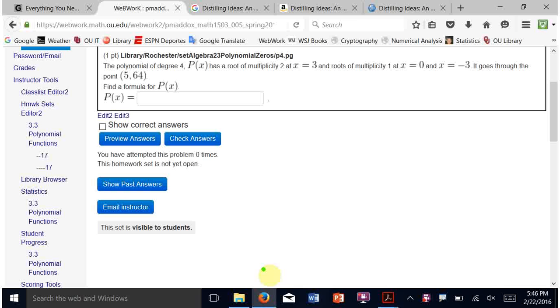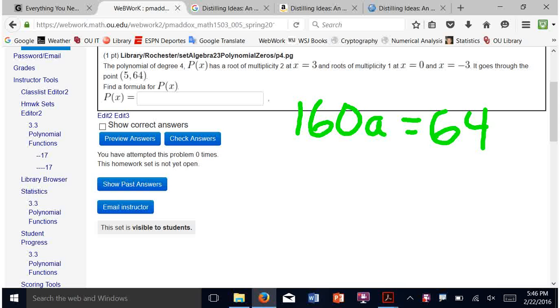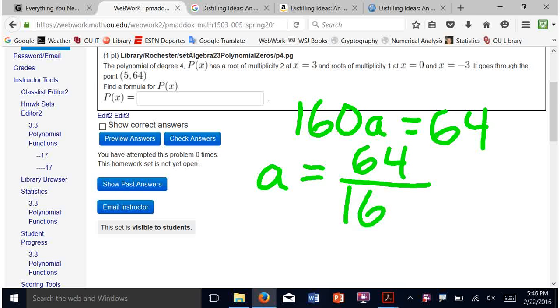So we have 160a equals 64. So a equals 64 divided by 160. And 160 and 64, those both have a common factor of 64 in common.